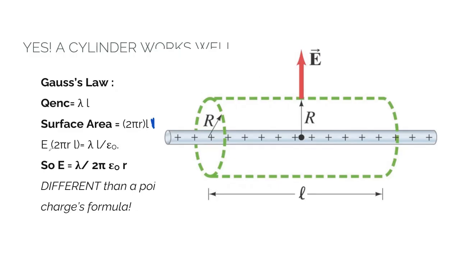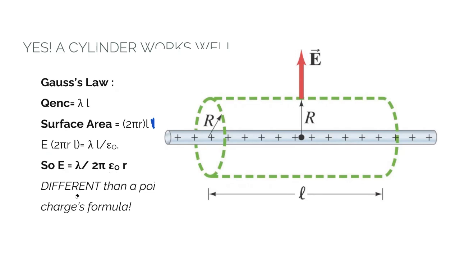Now we put our flux equation together and we use Gauss's law. The flux is the electric field times the surface area. Gauss's law gives me the charge enclosed divided by epsilon naught. Put them together and voila. We can now cancel out the L's and divide by 2 pi r to get the electric field.